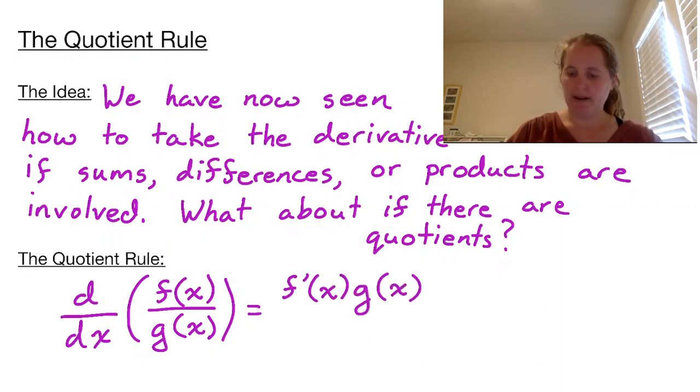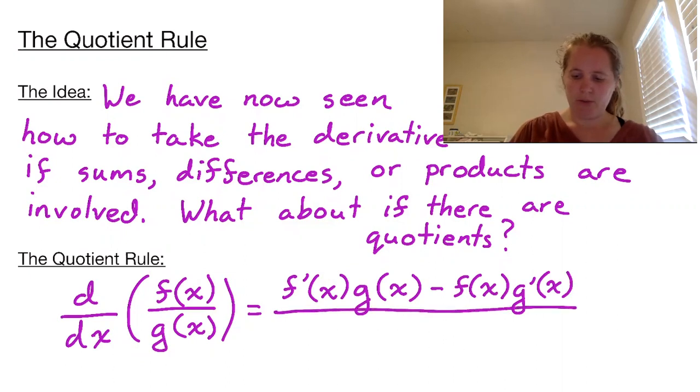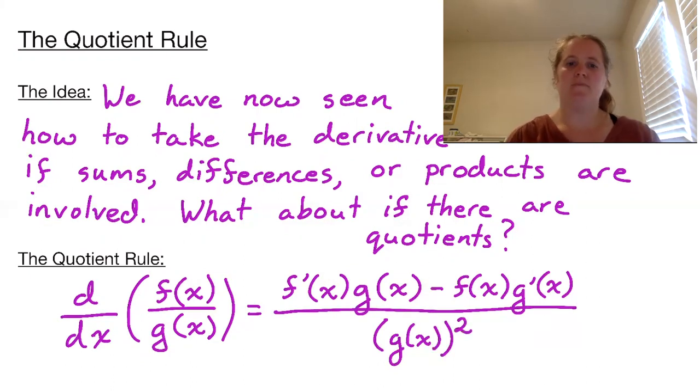Then we subtract the first times the derivative of the second, g prime of x. And then we divide that whole thing by the denominator g of x squared. So again, we have the derivative of the first times the second minus the first times the derivative of the second, all over the second squared.